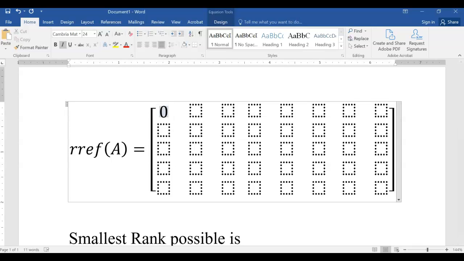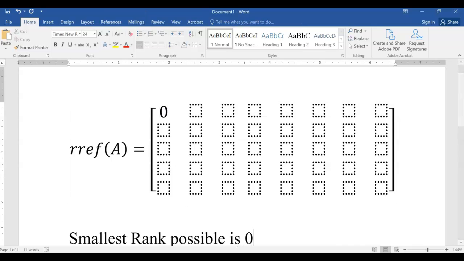Zeros in every spot possible would give us no pivot points. So that's always going to be your smallest rank. Your smallest rank possible is 0. And no matter what matrix, no matter what the dimensions are, the smallest rank you can get is always 0. You could always have the 0 matrix. So smallest rank is 0.